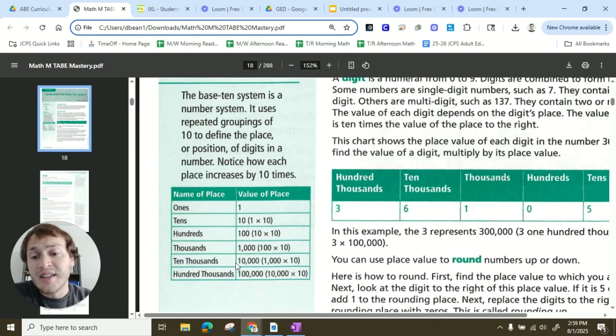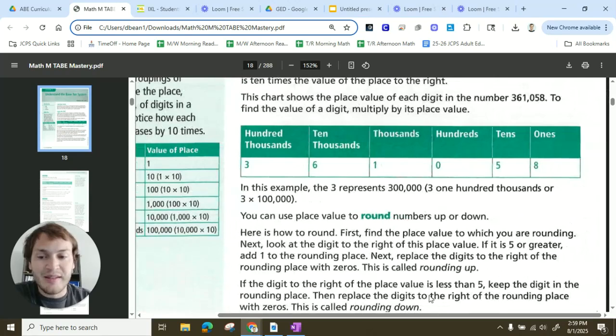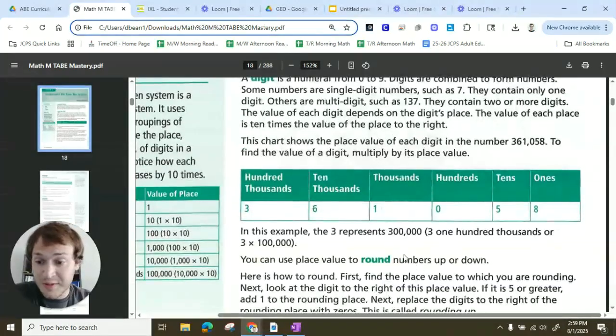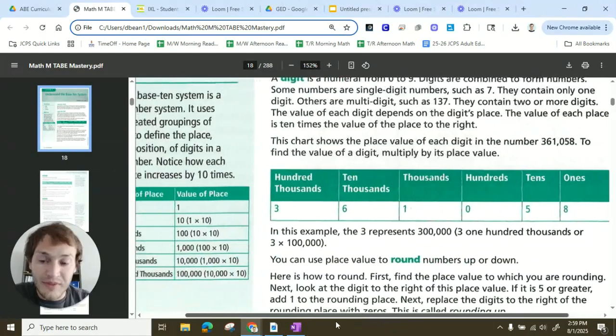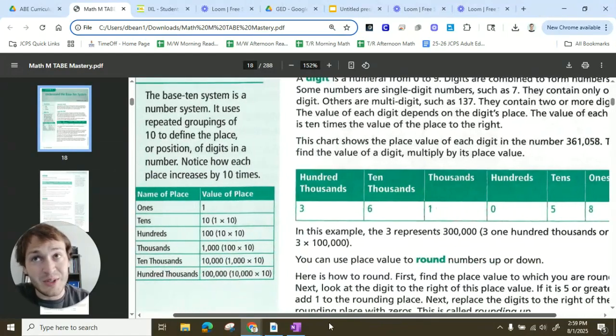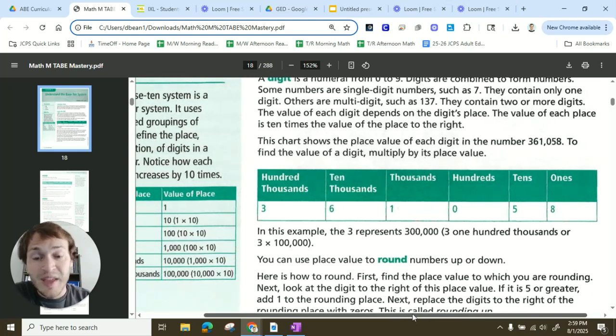Thousands look like 1,000. 10,000s are 10,000. And 100,000s are 100,000. Most of us have lots of experience with numbers, and so you don't necessarily need to know this very abstractly, that the 6 in 361,058 means 60,000.